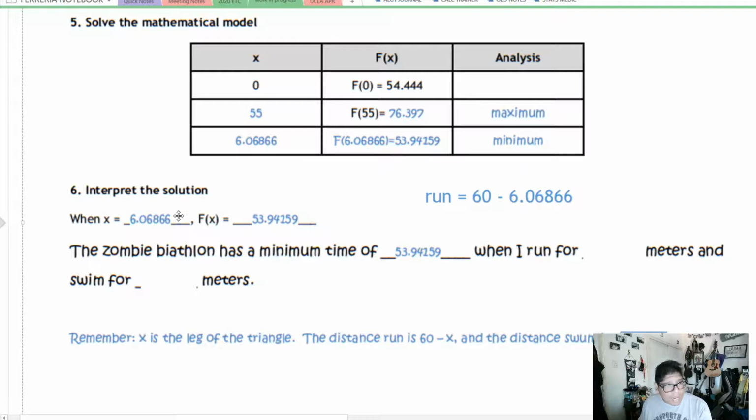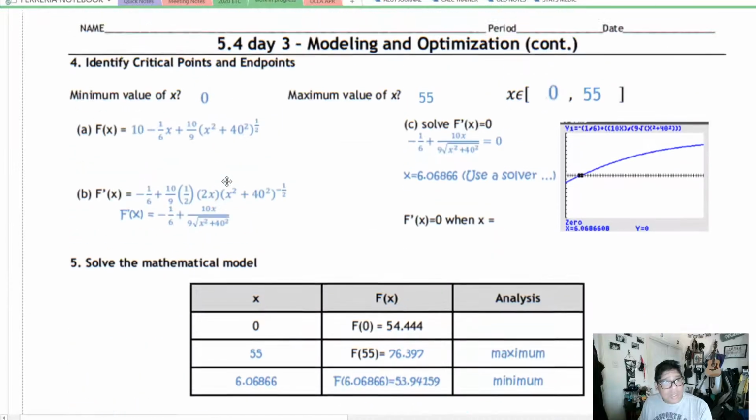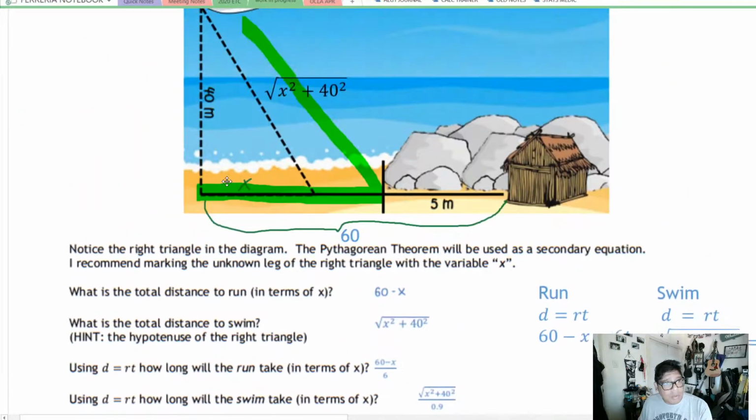Well, let's remember that x doesn't tell me how far I ran, x tells me how far I didn't run. So the amount that we ran is 60 minus 6.06. Let's go back to the model over here and remember that x was this distance over here. So that's the amount that we don't run. The amount that we do run is this much right over here. And that's going to be 60 minus x.